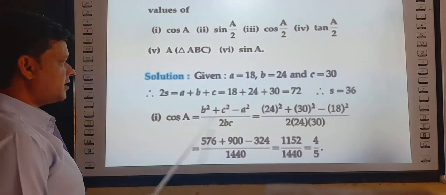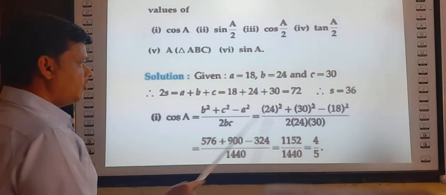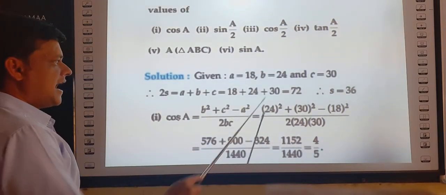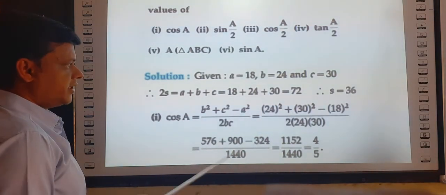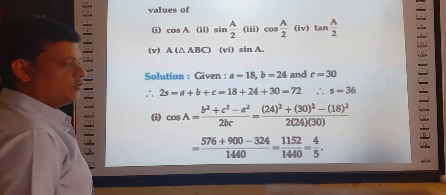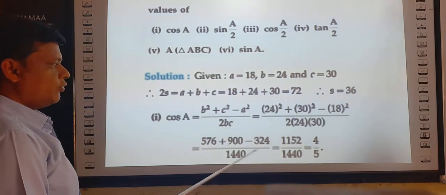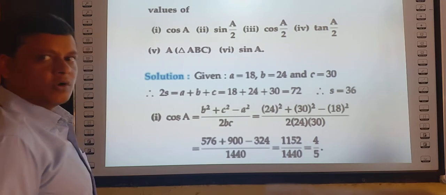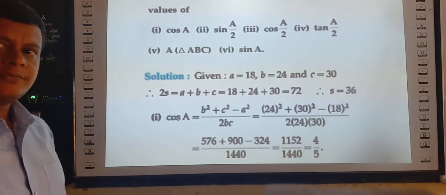After squaring, we get the square of 24 is 576, the square of 30 is 900, the square of 18 is 324. And after multiplying this, we get 1440. So after simplifying, we get the result 4 by 5. Simplification you can do yourself.